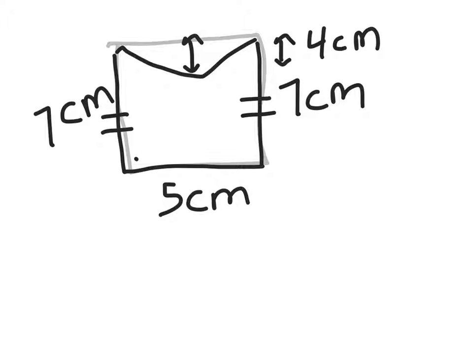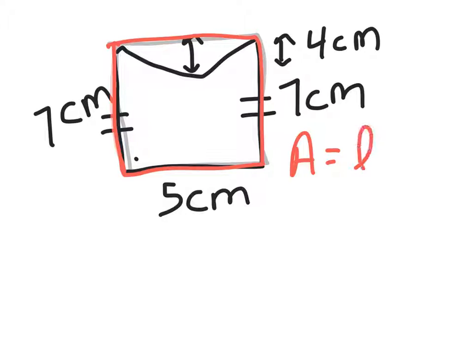So I'm going to figure out the area of this large rectangle here, because it looks like it would be easy. I know the length and I know the width. So the area of that rectangle would be 7 times 5. That would be 35 centimeters squared.